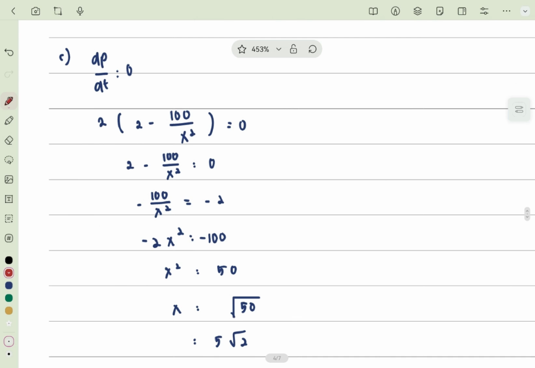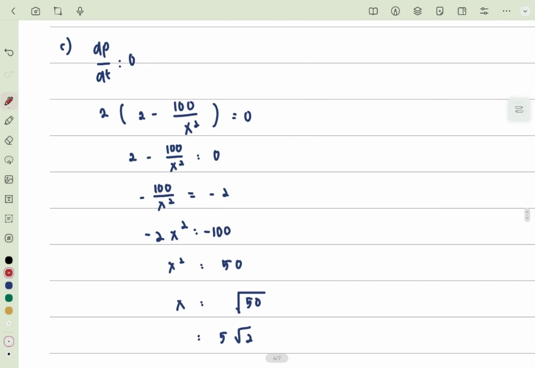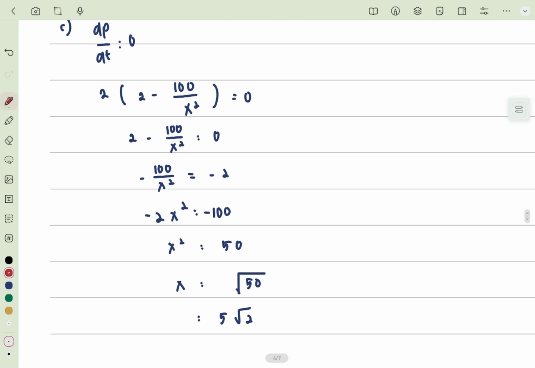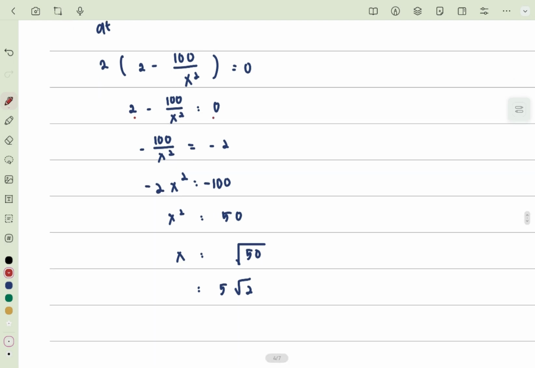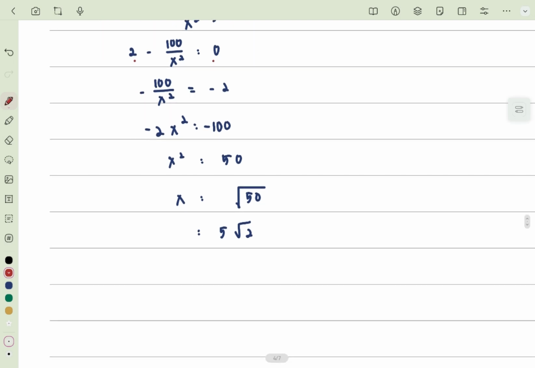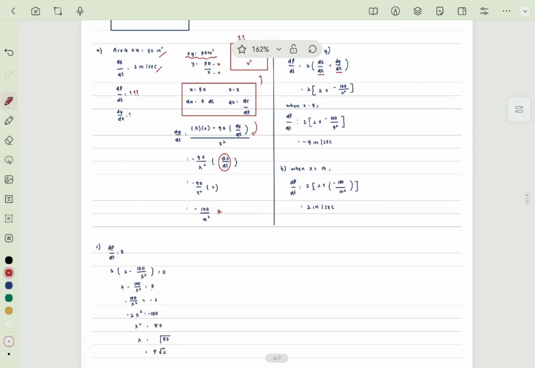So when we do dP over dt is equal to 0, we just need to bring 2 to the other side and we will get negative 2. So negative 100 over x squared is equal to negative 2, and we will get x is equal to square root of 50, and the final answer is 5 square root of 2. So that's all for question number 2.